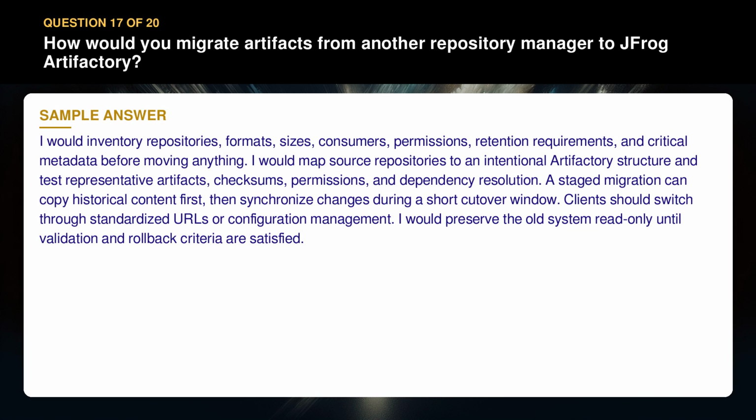A staged migration can copy historical content first, then synchronize changes during a short cutover window. Clients should switch through standardized URLs or configuration management. I would preserve the old system read-only until validation and rollback criteria are satisfied.